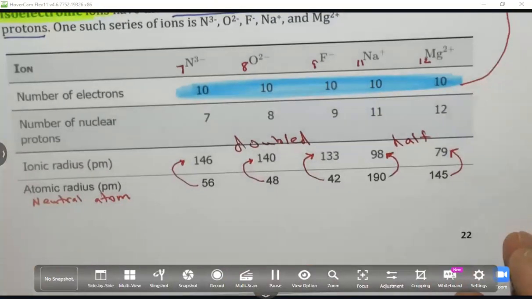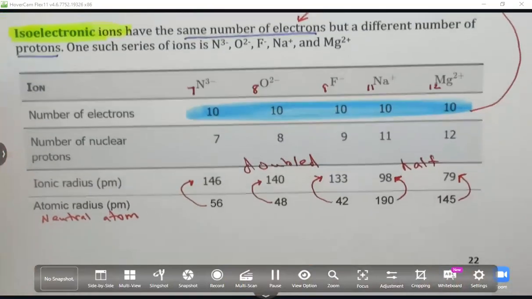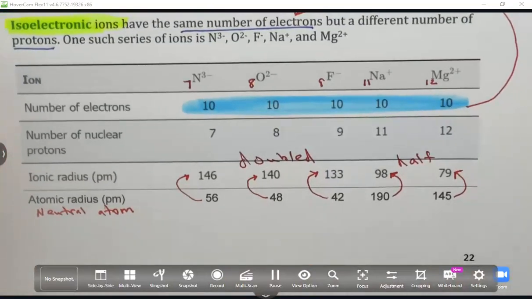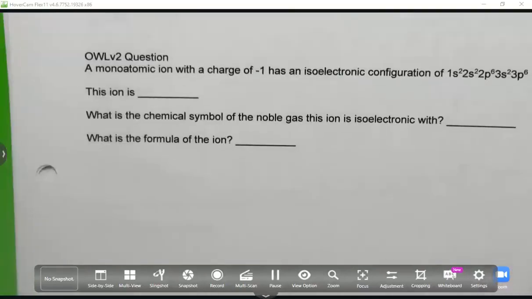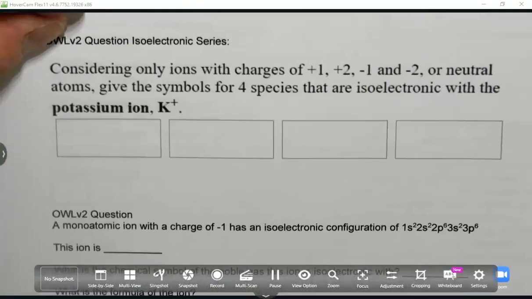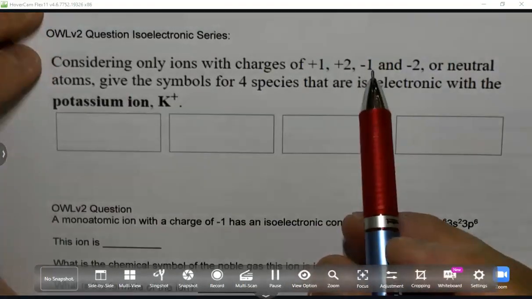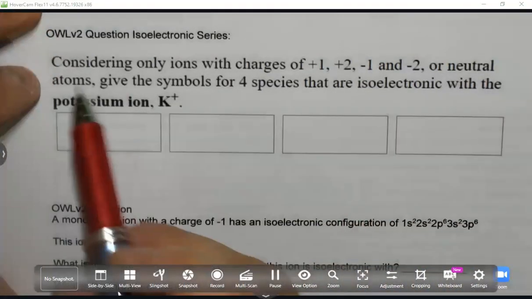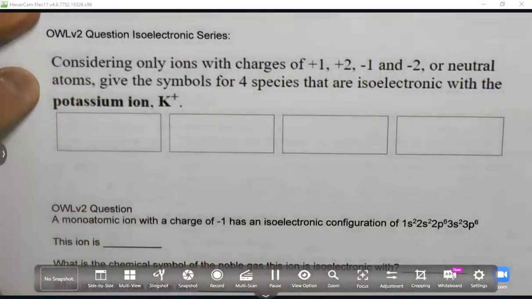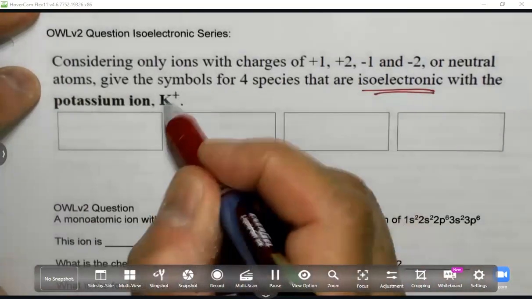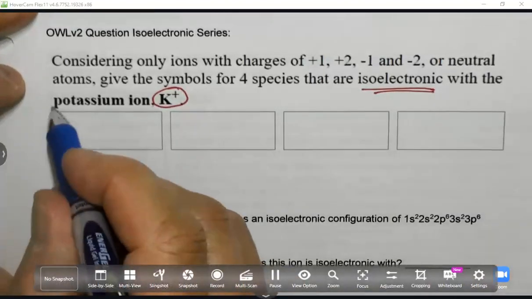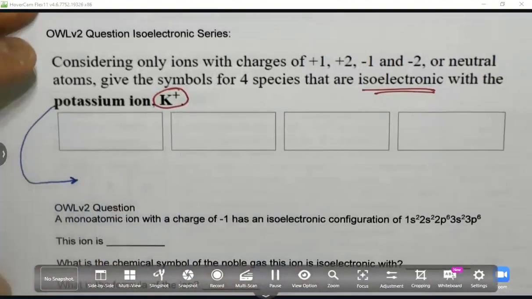All right, here's our last example and our last page. It says this. Considering only ions with charges +1, +2, -1, -2, or neutral atoms, give the symbols for 4 species that are isoelectronic with potassium. Well, first of all, how many electrons does this have?